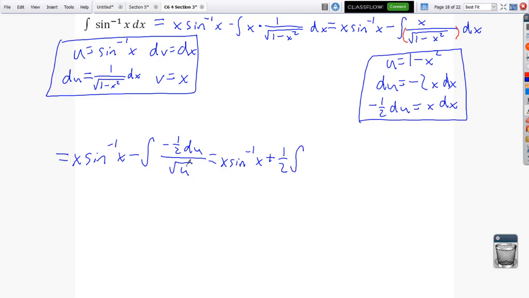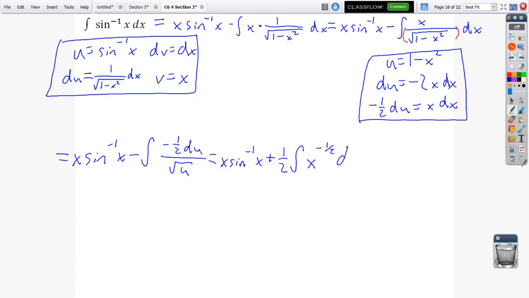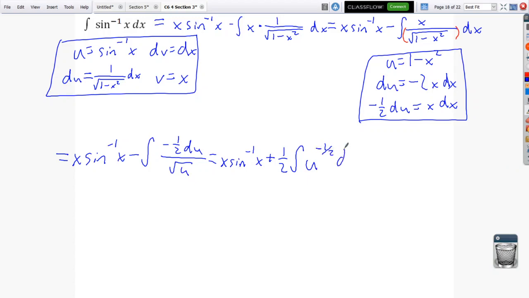times the integral. Since I've got square root in the denominator, I'm going to have x to the negative 1/2. No, not x. Why did I put x? That variable is not x. That variable was u to the negative 1/2 du. And now I can see this is just a power rule problem.